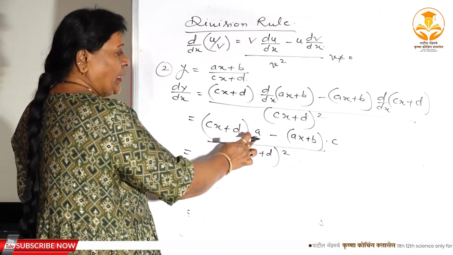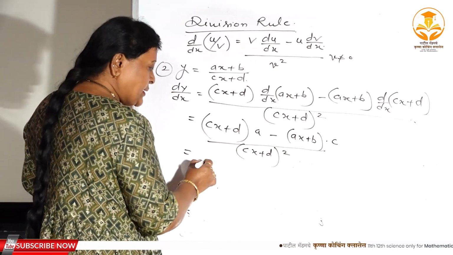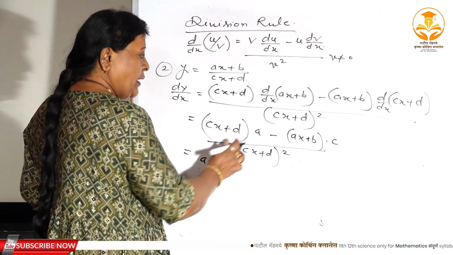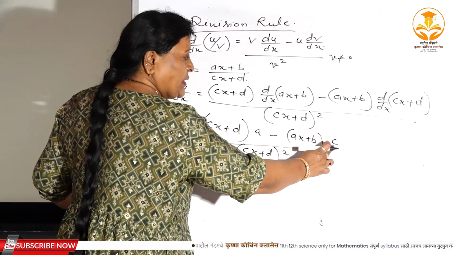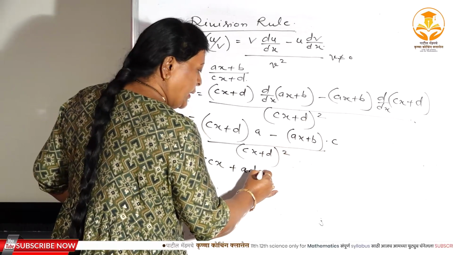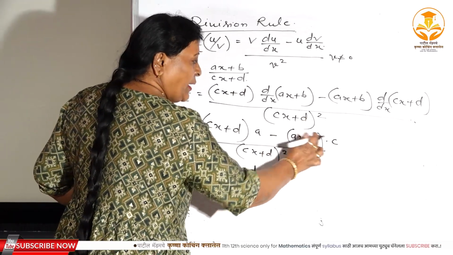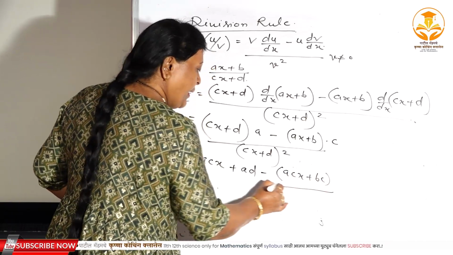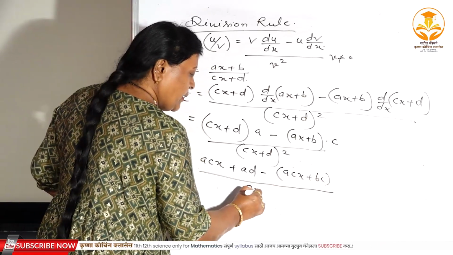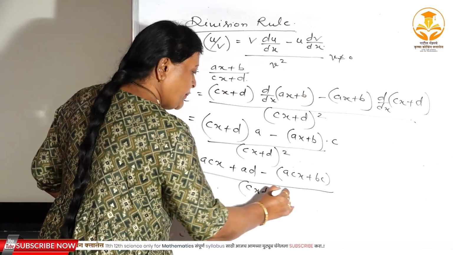Now see, multiply a into cx, that is acx, a into d, that is ad. Again, multiply with c, right, and open the bracket here, minus, you have to multiply with c, that is acx and bc, divided by (cx plus d) whole square, right?